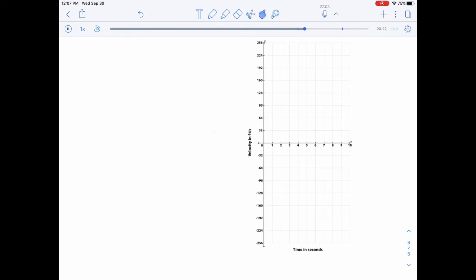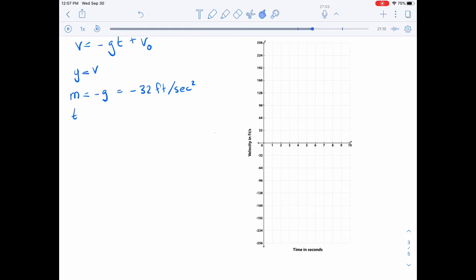So let's begin with our initial equation of v is equal to a negative gt plus v0. Let's go ahead and substitute y in for v. So v is our velocity. And let's substitute m. Our slope is equal to a negative g, which is equal to a negative 32 feet per second squared.